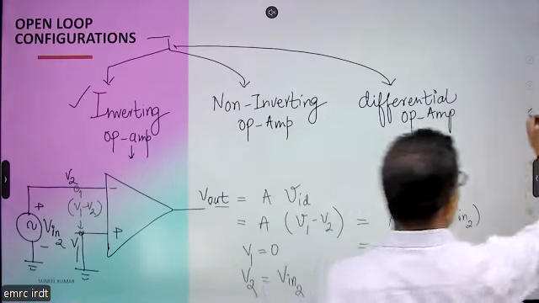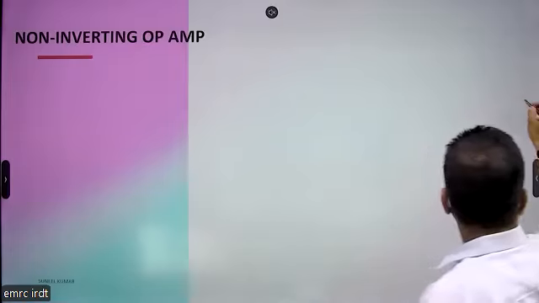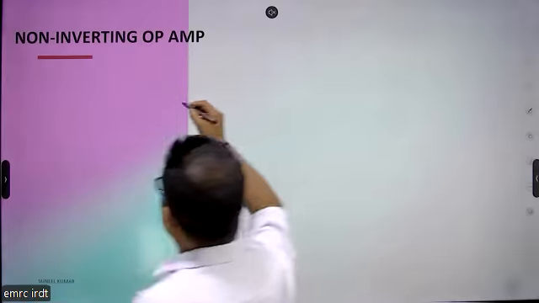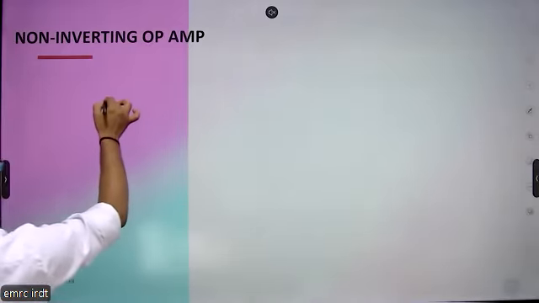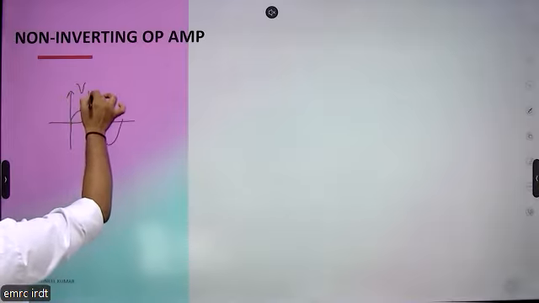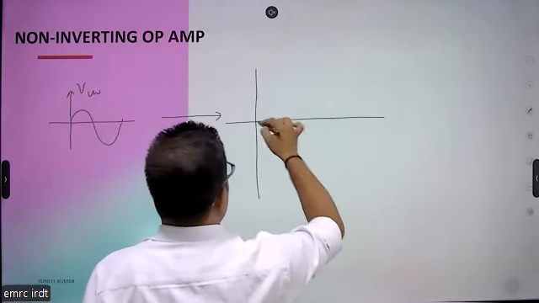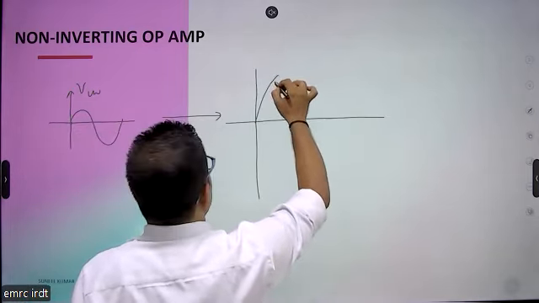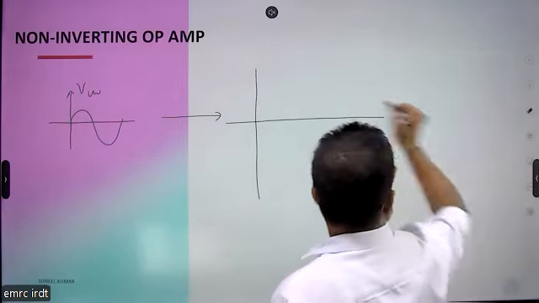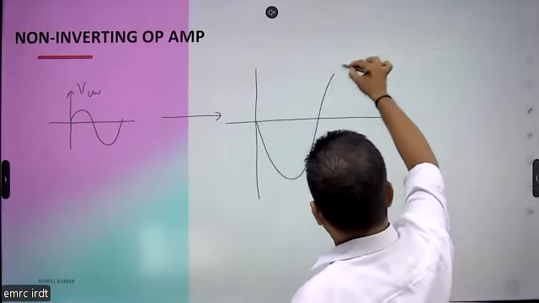So we can make this through a structure. Here we have input as this. This is V input. What will be the output? The output will be like this, with a 180 degree phase shift with the input.